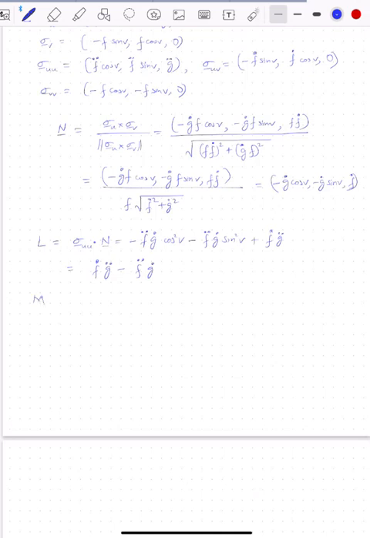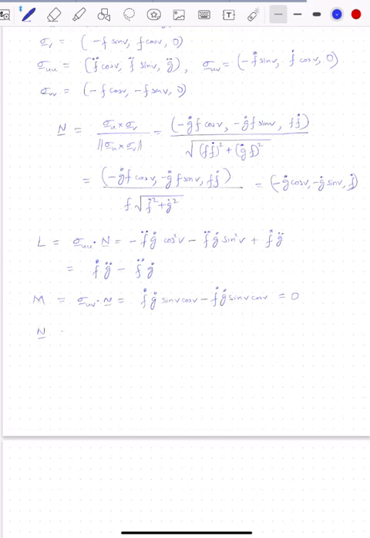Likewise for m is equal to sigma uv dot n vector, and this gives us f dot g dot sine v cosine v minus f dot g dot sine v cosine v, which is equal to 0.